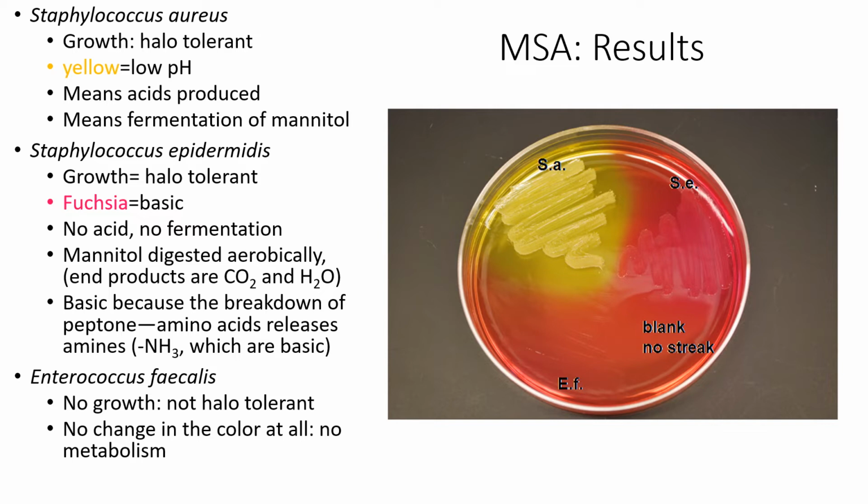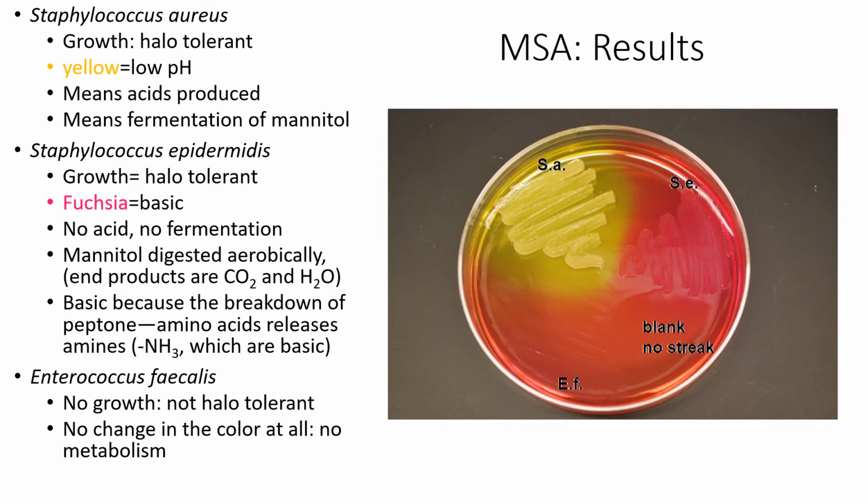So Enterococcus faecalis is having a really hard time growing on the surface of a mannitol salt agar plate, much less showing any ability of metabolism whatsoever. There's almost no change in color between it and the blank, as though nothing were put there at all, because it's having a hard time living, which means you're not seeing any evidence of metabolism, either fermentation or the production of a base.